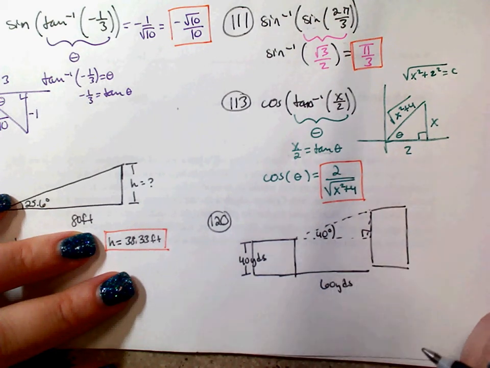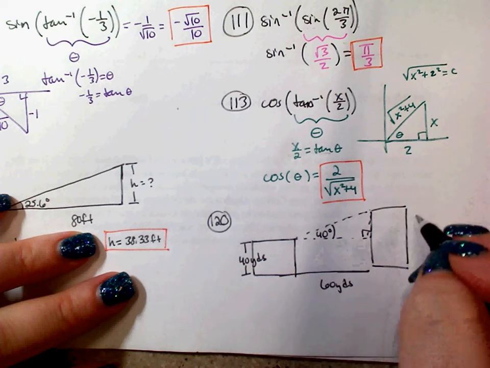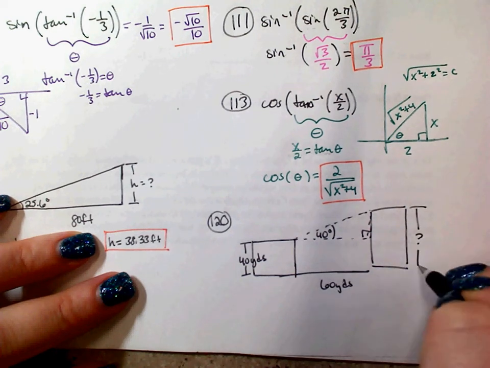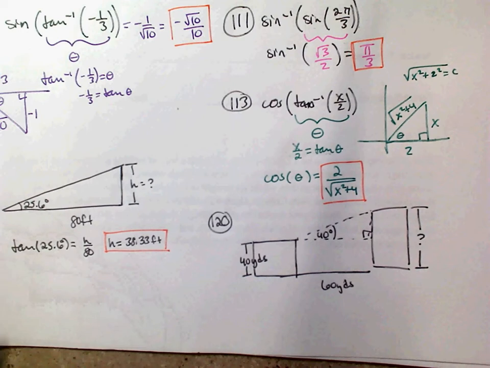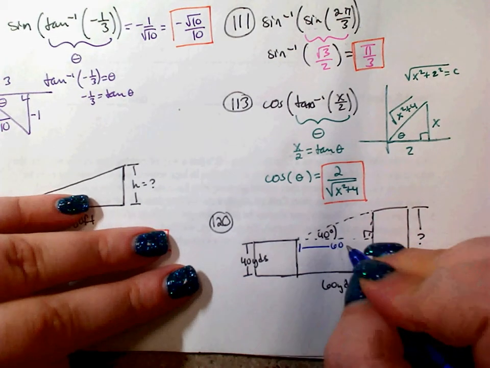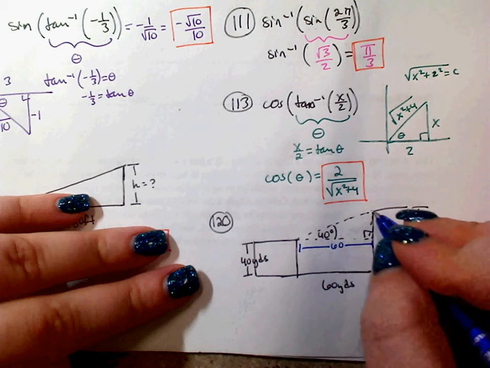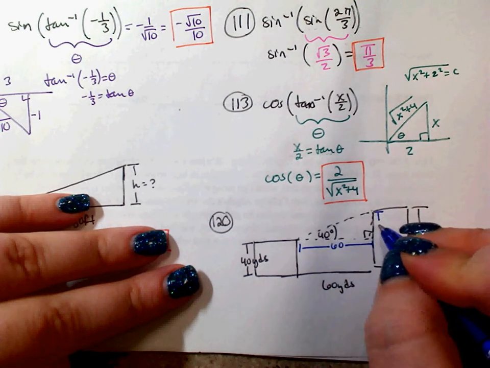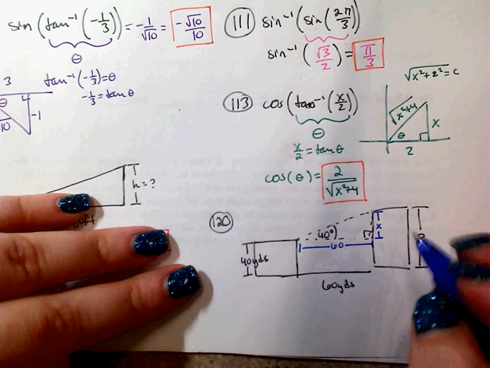So then the question is, what is that? Well, if I know this is 60 right here, and I have this angle, then I can find this length, right? And if I know that length, and I know this is 40, then I can just add it. So x plus 40.